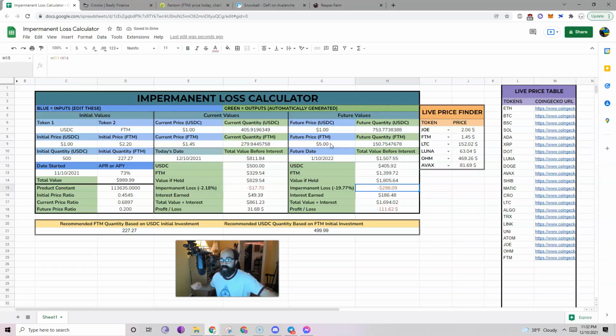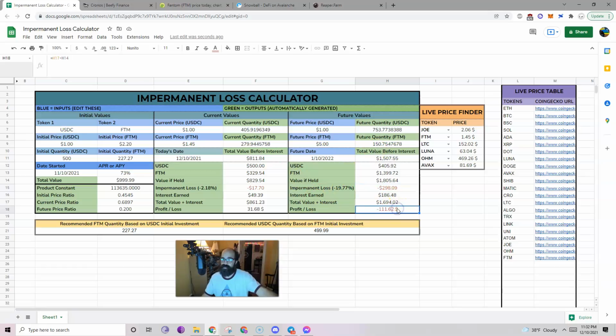And again, we're incurring a larger impermanent loss here because had we just held that Phantom, it would have gone up dramatically. If we look here at the future quantity of Phantom, we have 150 instead of the initial 227. So we've lost almost 60 Phantom to USDC.